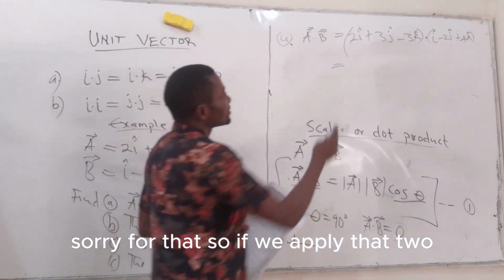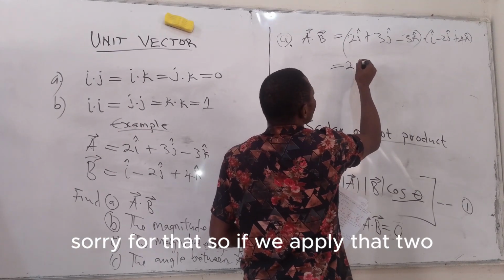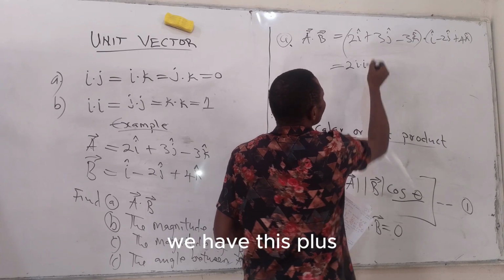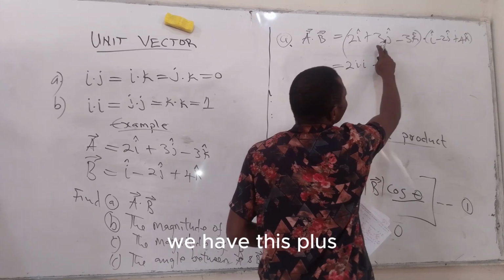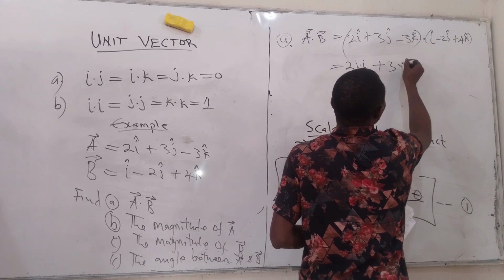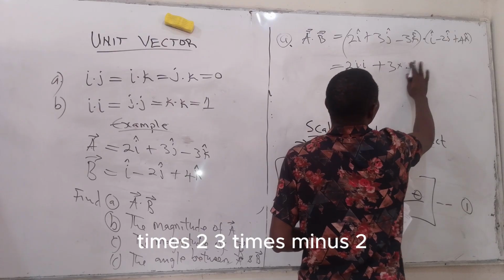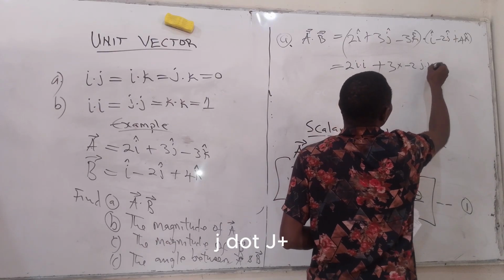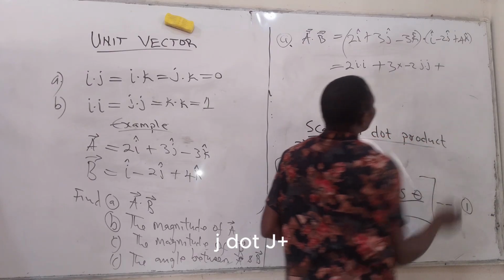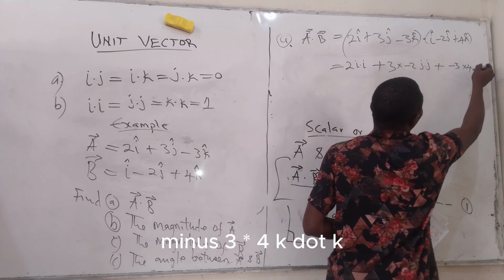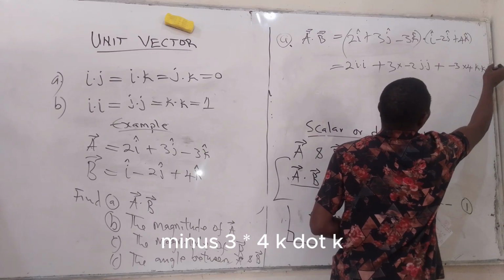So if we apply that, 2 times 1, i dot i, plus 3 times minus 2, j dot j, plus minus 3 times 4, k dot k.